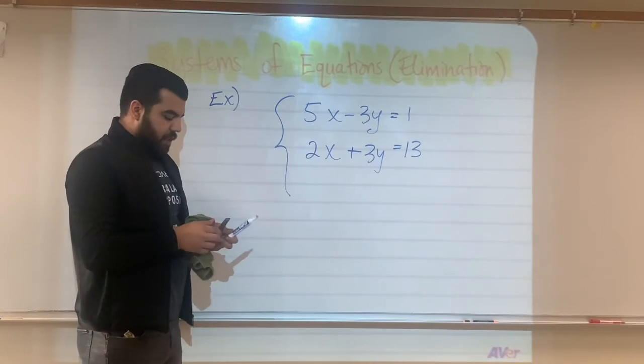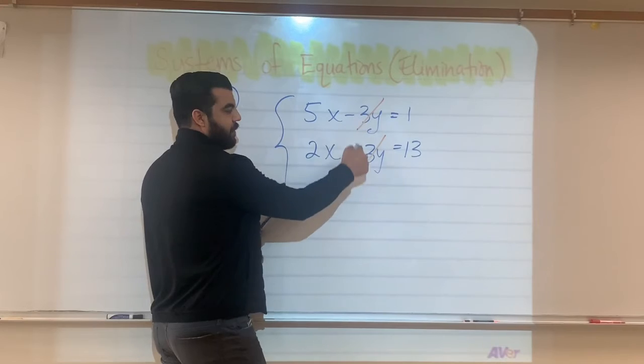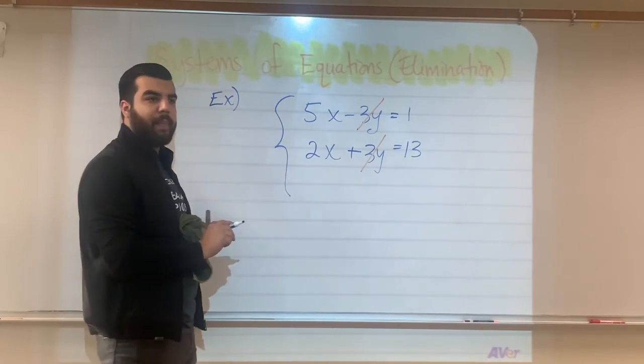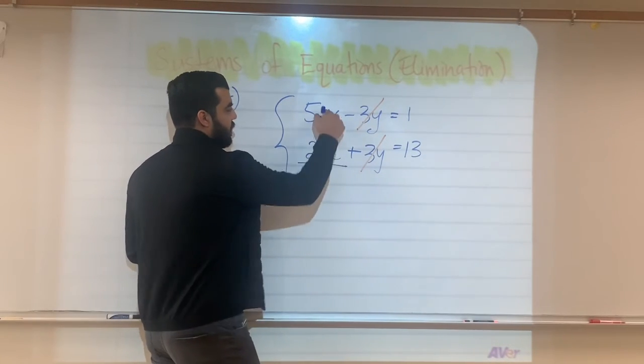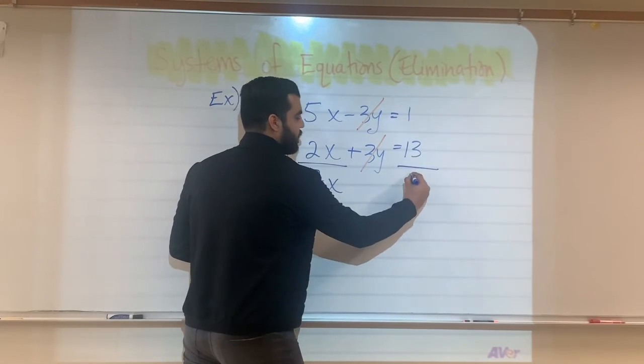So what I'm going to eliminate in this case are the y's, since they have opposites, -3 and a +3. Now we have to combine the remaining parts. 5x and 2x give me 7x. 13 plus 1 gives me 14.